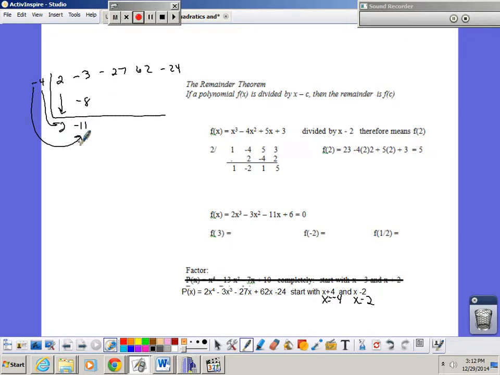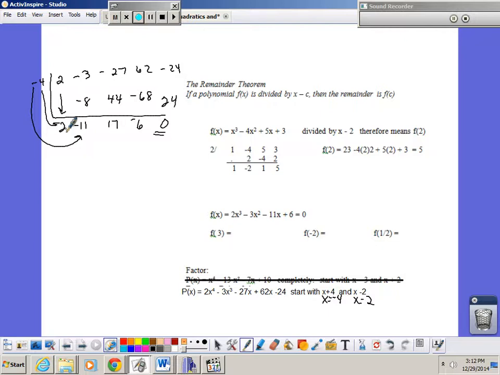Bring down, multiply, put up 44, subtract 17, multiply negative 68, subtract 6, multiply negative 6, multiply 24, 0. It is a root. See, when we get the 0, it's a root.